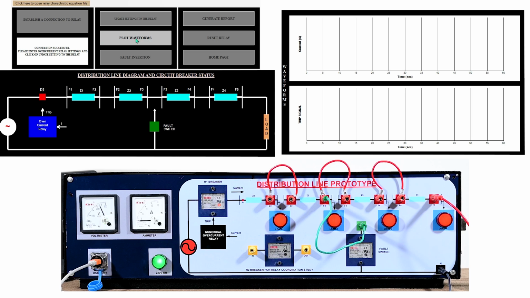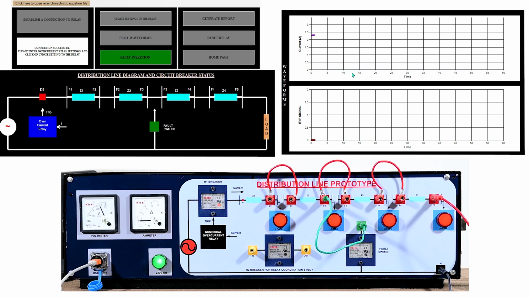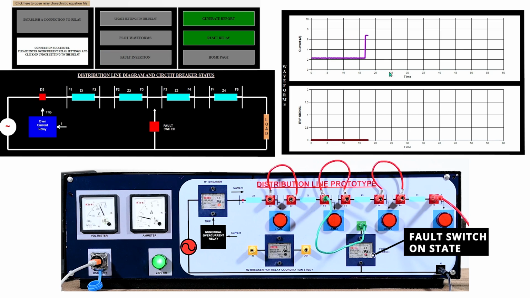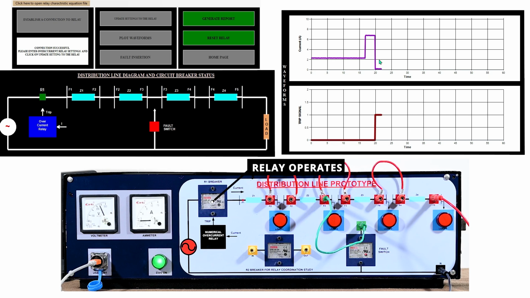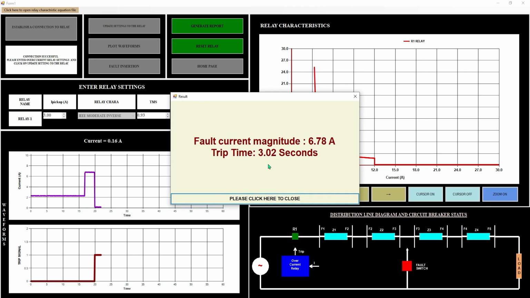Now please click on plot waveform. The real-time waveform of both the current and the trip signals are visible in this graph. Trigger a fault using the fault insertion button. The current spikes instantaneously and the relay operates within around 3 seconds, that is 3.02 seconds.